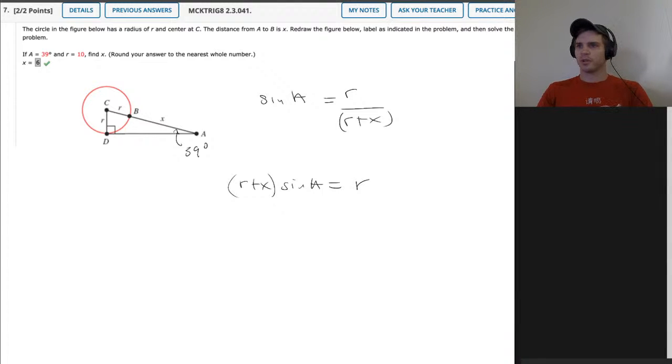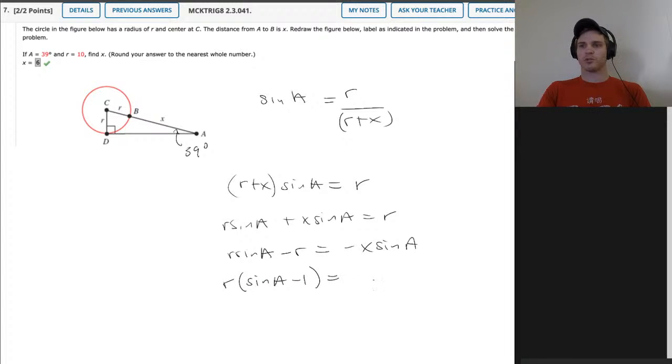Okay. So then I'll distribute this sine A to r and x, and I'll get r sine of angle A plus x sine of A equals r, and then let's get our r's on the same side. So we'll get r sine A minus r equals negative x sine A. And then I'll factor out an r.